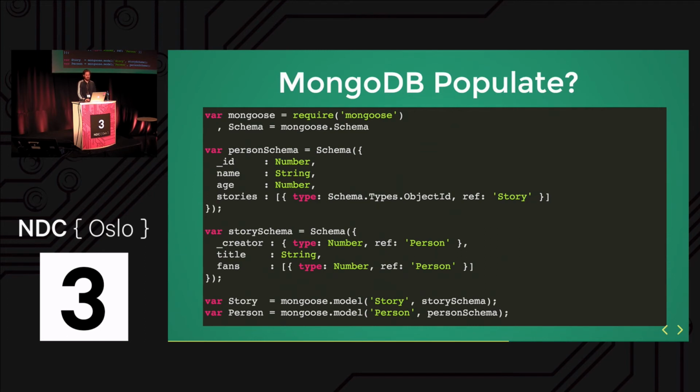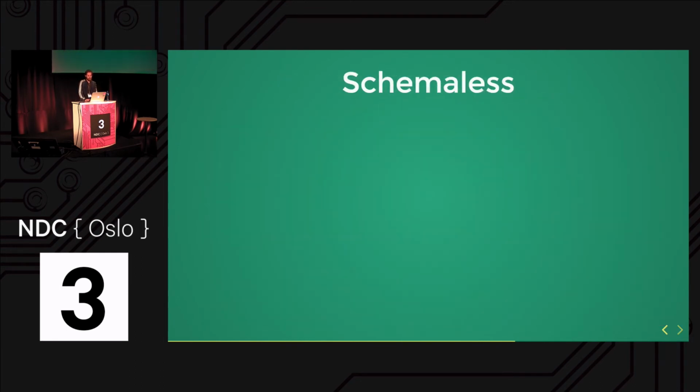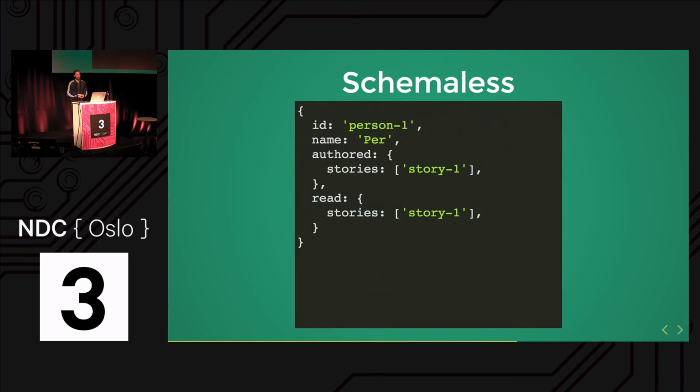And we also didn't have the luxury of being able to use something like MongoDB. And another thing is that we really wanted this thing to be schemaless. So if we had a person object here that contains just some metadata, and then we could say that this person has authored a set of stories, and he has read a set of stories.